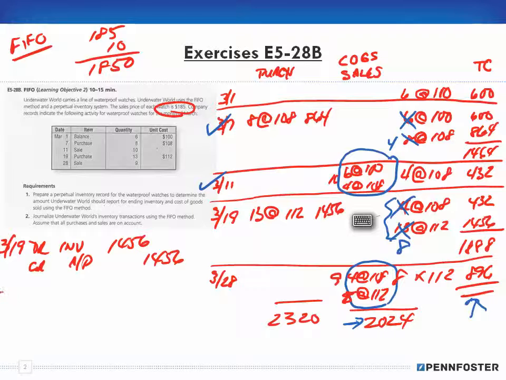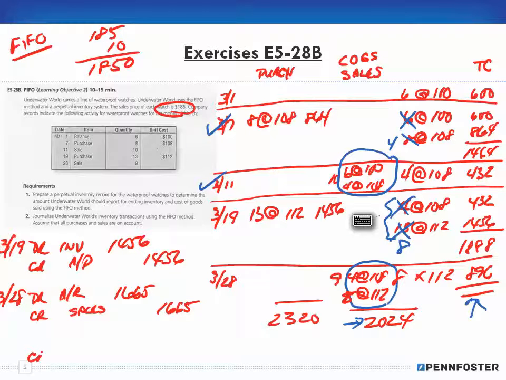And then on 3/28, we're making a sale. So I'm going to debit the accounts receivable in the amount of $1,665, credit sales revenue for $1,665, and then of course I make that sale, so I have to move from inventory.